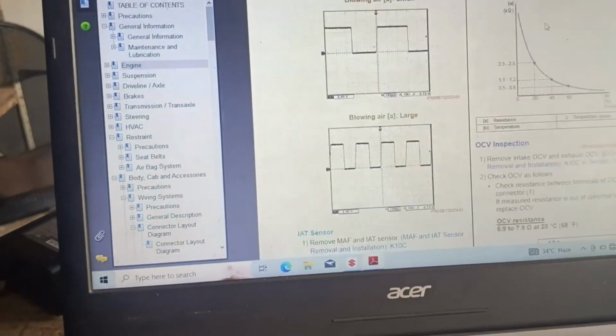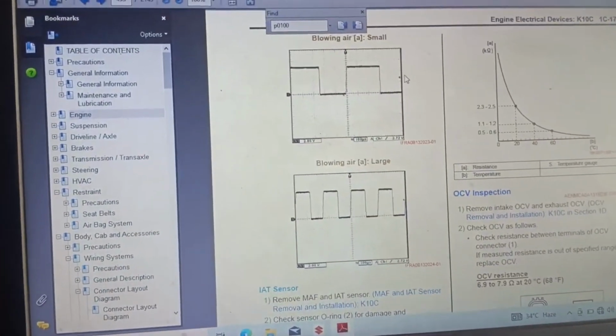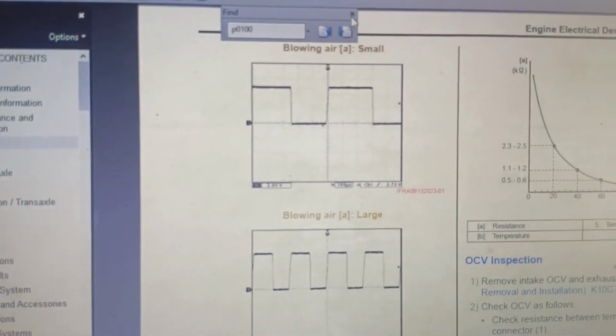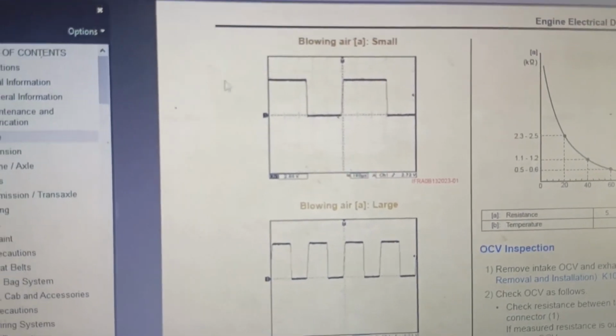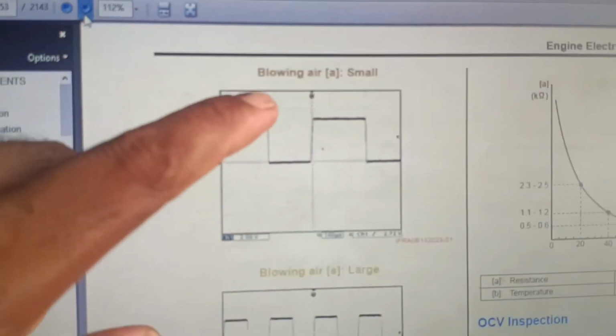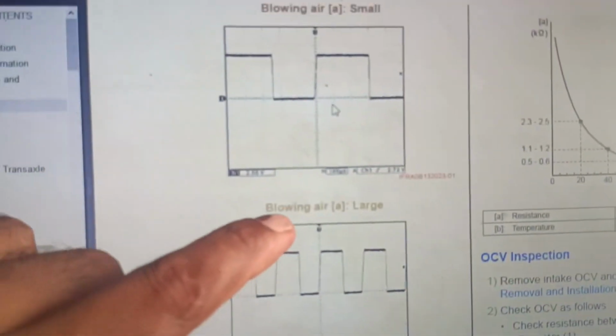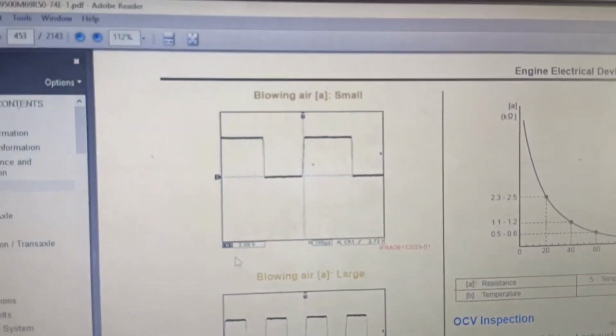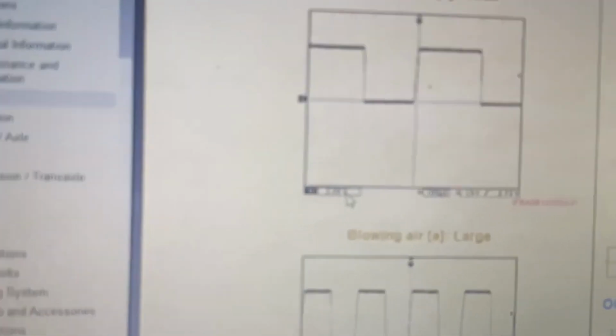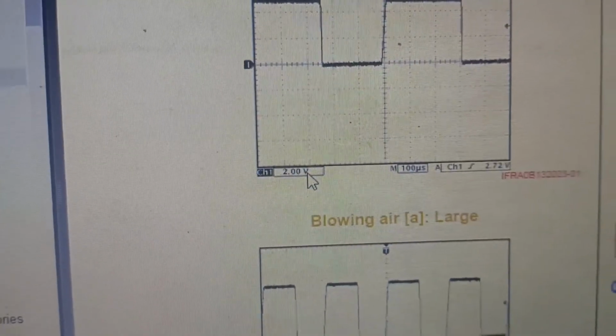We need to select channel 1, 2.0 volt, and in the time section we need 100 microseconds. This is the parameter we need to set. Channel 1, 2 volt.